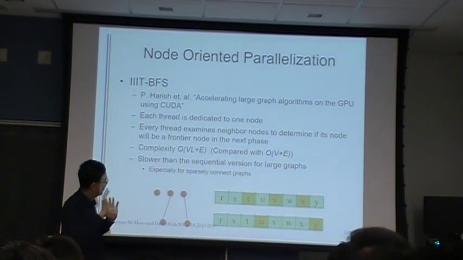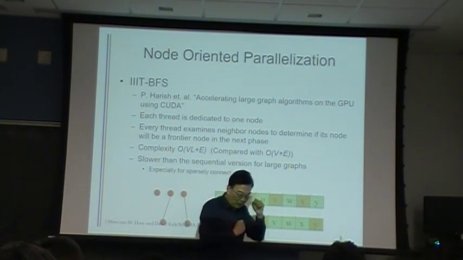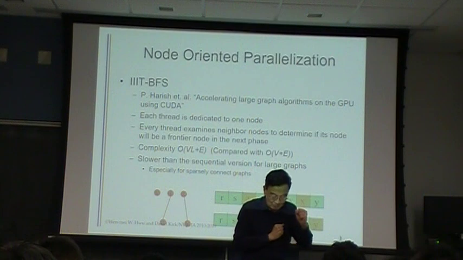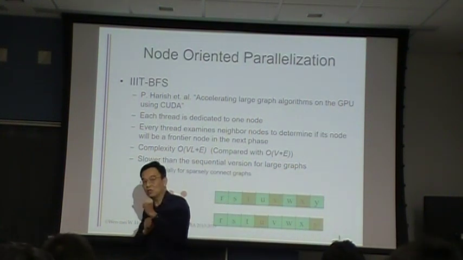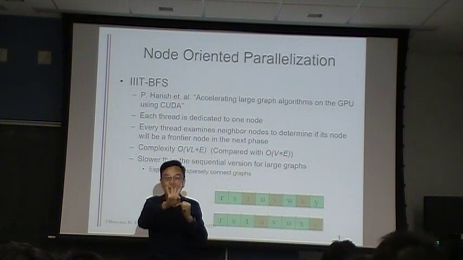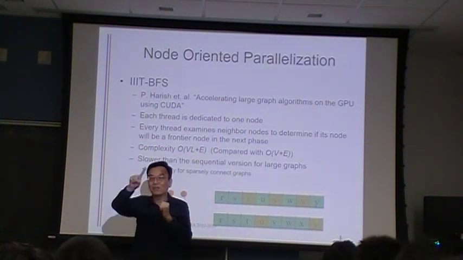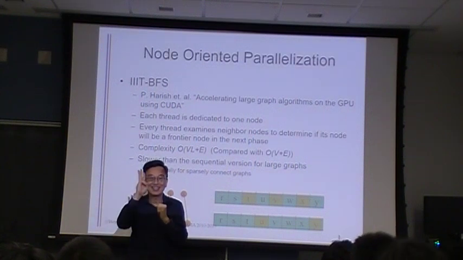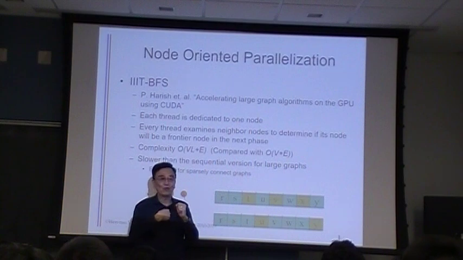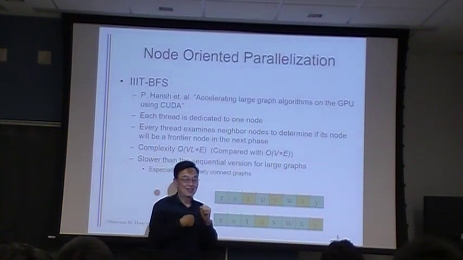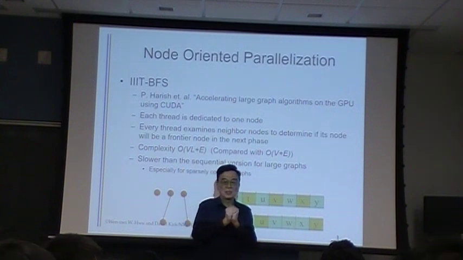So, fine. You say, okay, I'm at iteration 3. If my node is going to be in the frontier, it's going to be iteration 4, a 4-hop. So I go look at all my neighbors and see if anyone is 3. If anyone is 3, that means I'm going to be 4, as long as I have not been visited before.